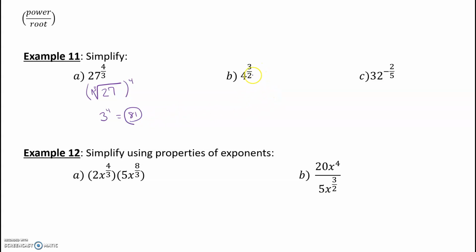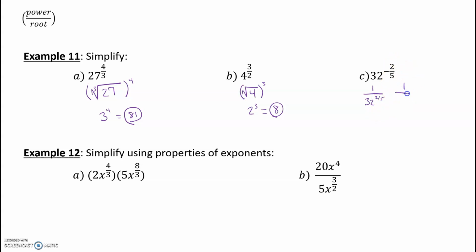Same concept here, power over root. So we're taking a square root of 4, and we're raising it to the 3rd power. Square root of 4 is 2 cubed. 2 times 2 times 2 is 8. And last but not least, again, remember that negative means it's 1 over 32 to the 2/5, to make it positive.